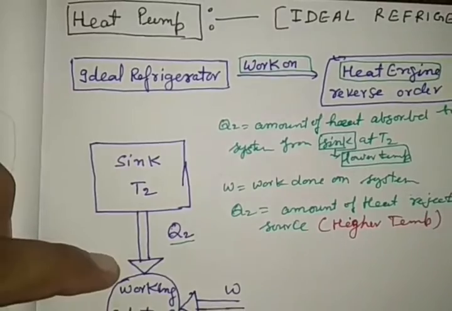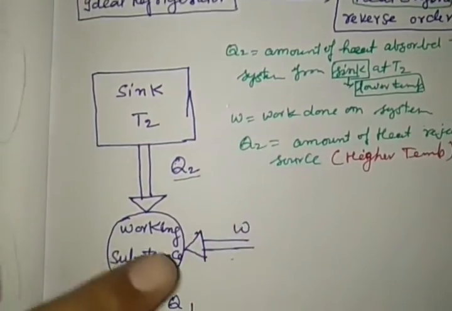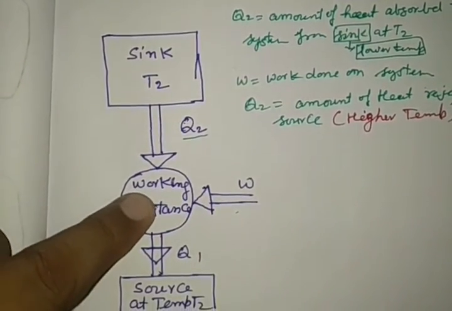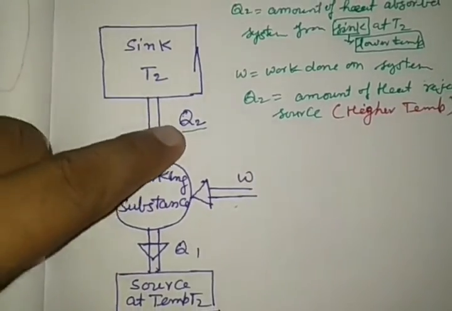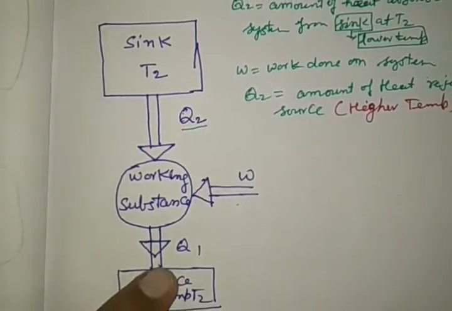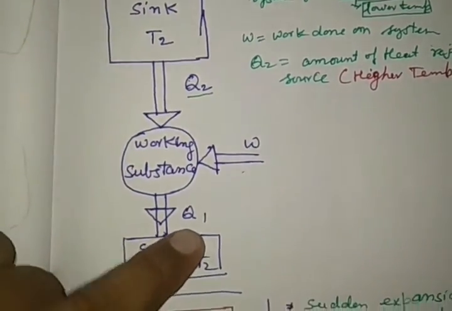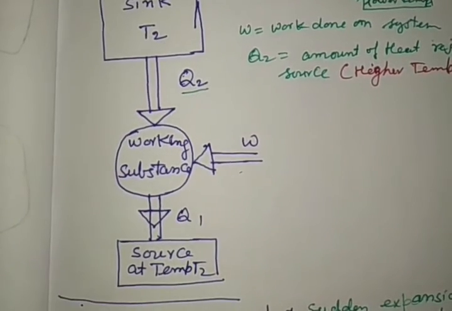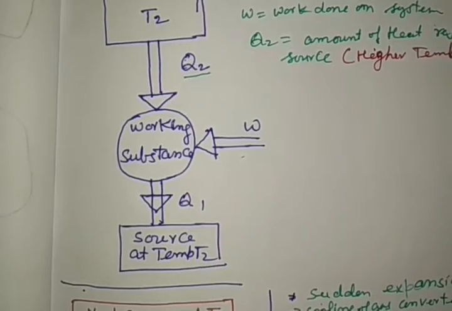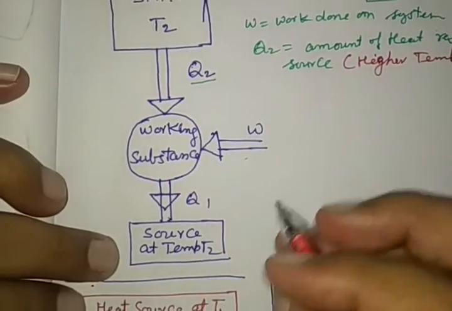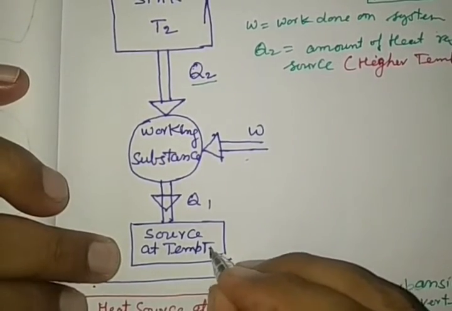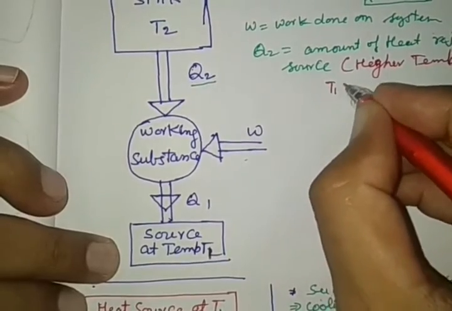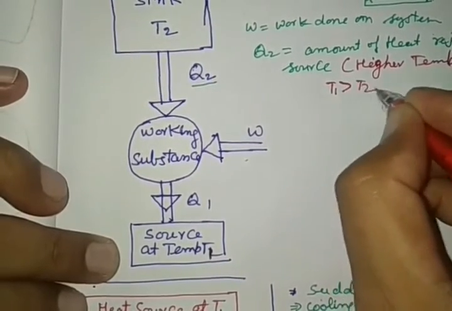Work W is done here by the electricity supply. Of this Q2 and W, some amount Q1 of heat is rejected to the higher temperature source. Here the source is the surrounding, whose temperature is T1. This temperature T1 is greater than T2.